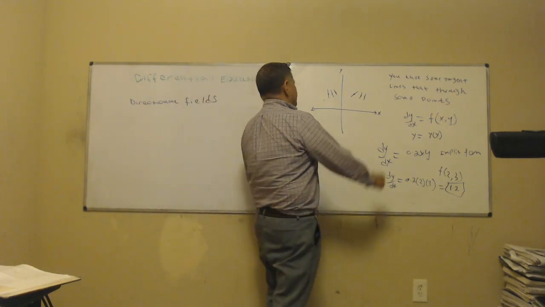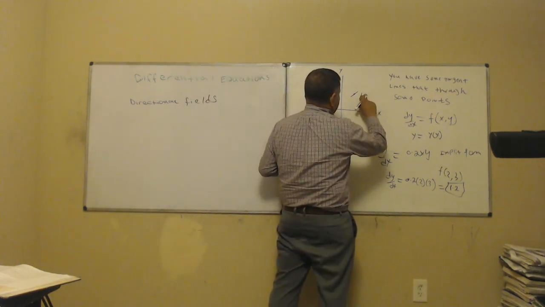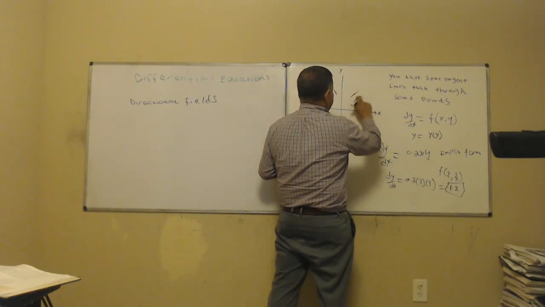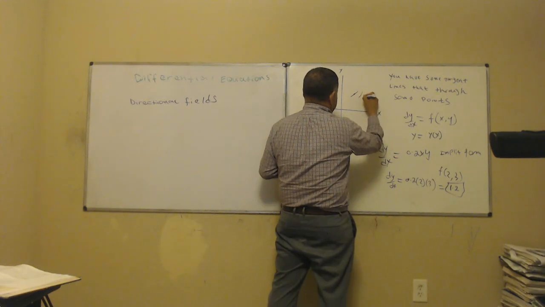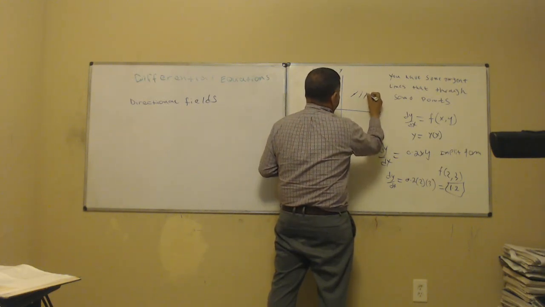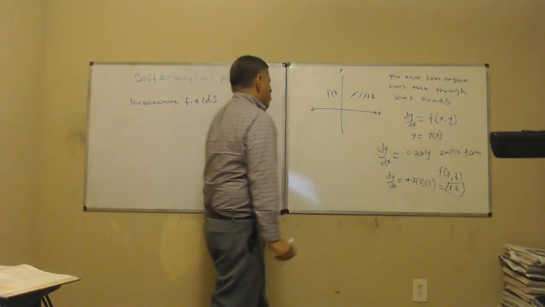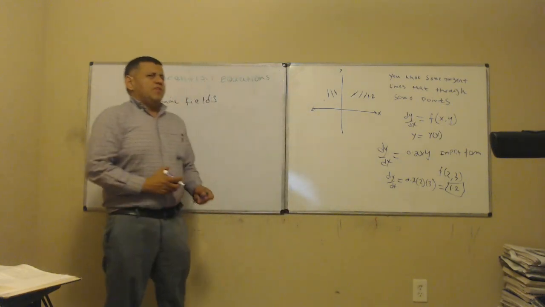Let's say this slope belongs to this point right here. Let me make a little straight line like that. So this is 1.2 at that point.